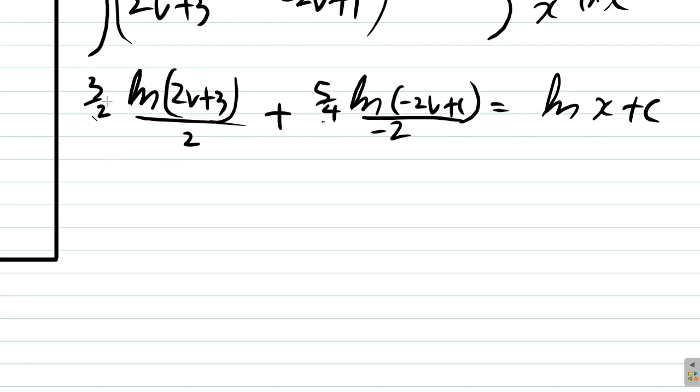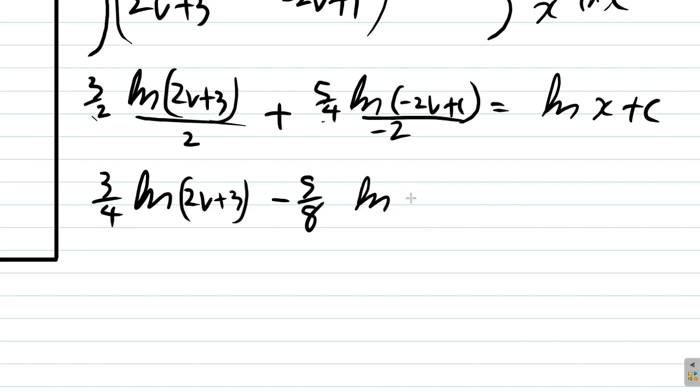Alright, now the 3 over 2 over 2 is going to be 3 over 4. Right? Because you have to remember your fractions. Now, this is ln 2v plus 3 plus 5 over 4 over negative 2 is negative 5 over 8 ln negative 2v plus 1 equal, well, you see the ln c, the c is ln of something else, call it ln a.